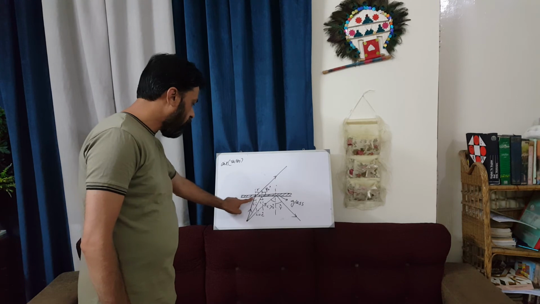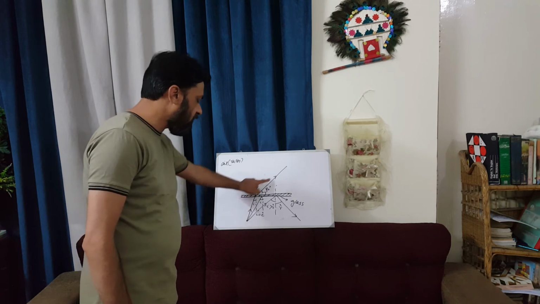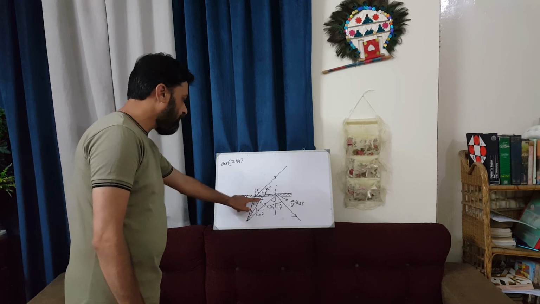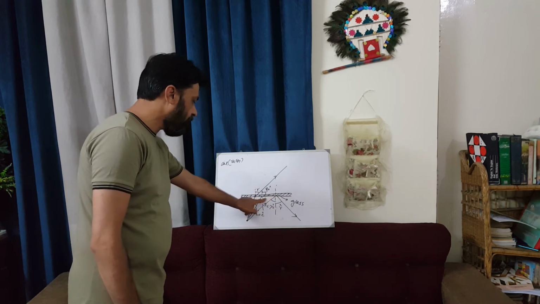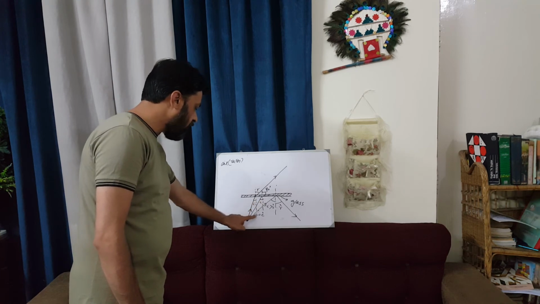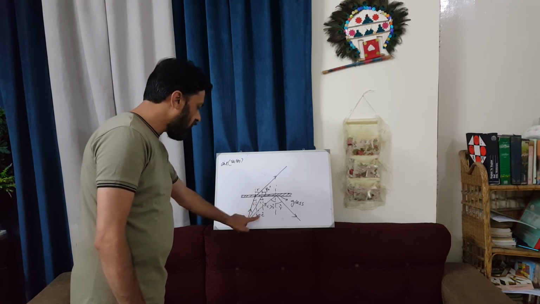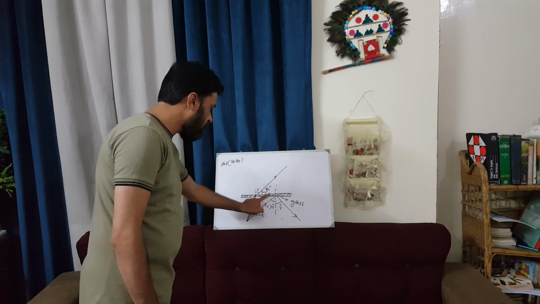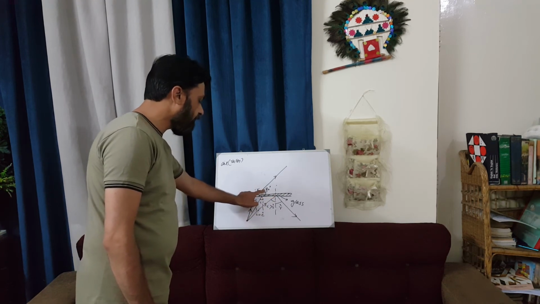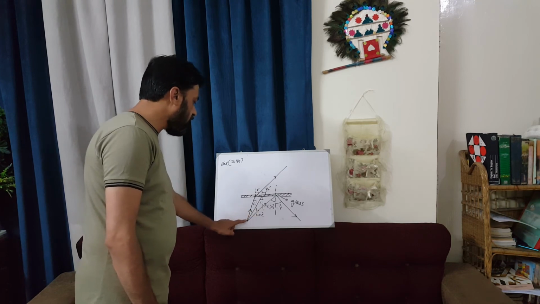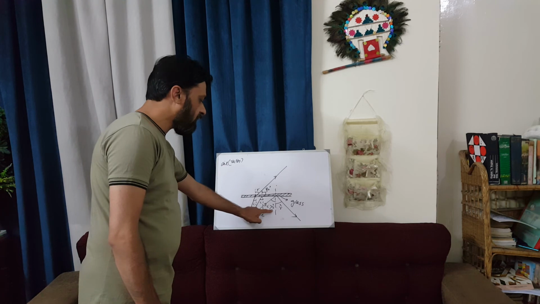Incident ray falls on the denser medium, bends away from the normal. If we increase the angle of incidence, angle of refraction also increases, and at a particular value, the angle of incidence is known as critical angle because its refracted ray makes an angle of 90 degree. This is known as critical angle.